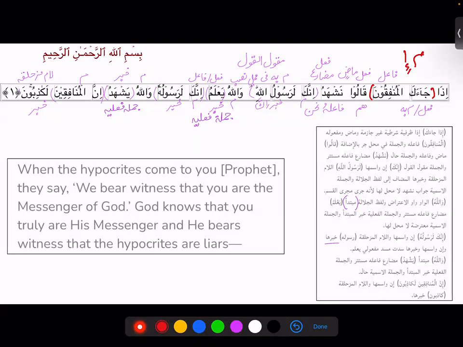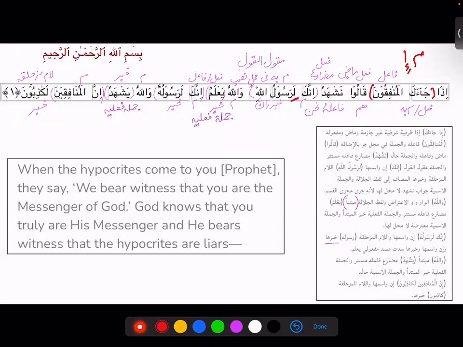Very good. So noon in the beginning is giving away that this is nahnu. So we testify. Who is saying that? Munafiqun. We testify, and what they are testifying, innaka la rasulullahi, indeed you are.